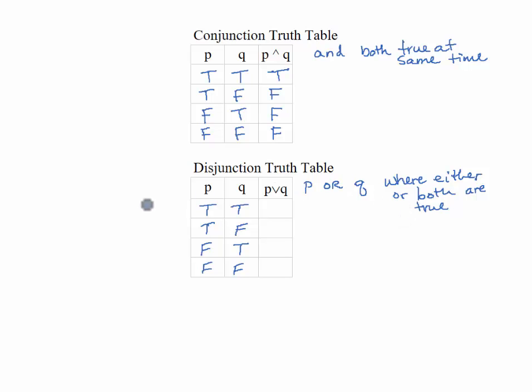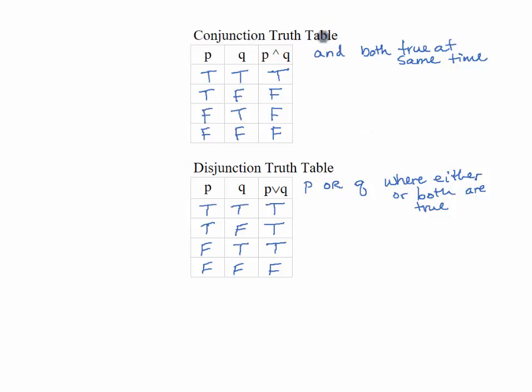Okay? So look what happens here. If both are true for or, the or statement is true. If this first one is true, the or statement is true. If the second one is true, the or statement is true. The only time the or statement is false is if they're both false. Okay, so what I've been saying about and or holds true for conjunctions and disjunctions too.